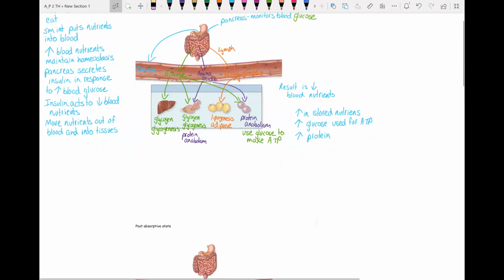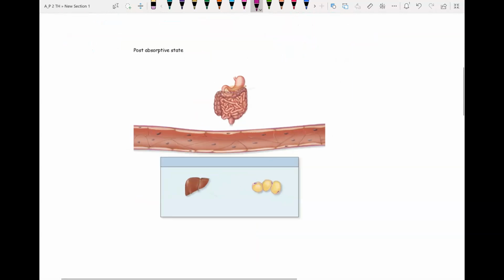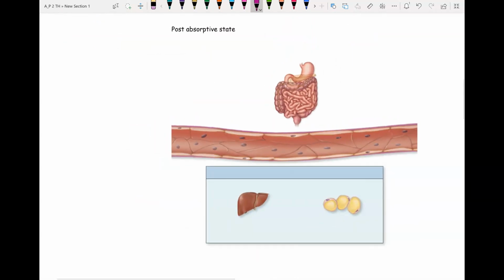Now let's look at the post-absorptive state. This is between meals. Your small intestine is no longer sending nutrients to the blood.